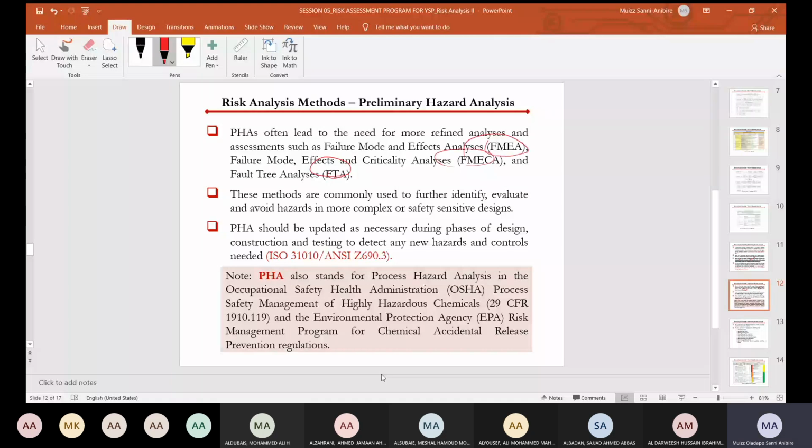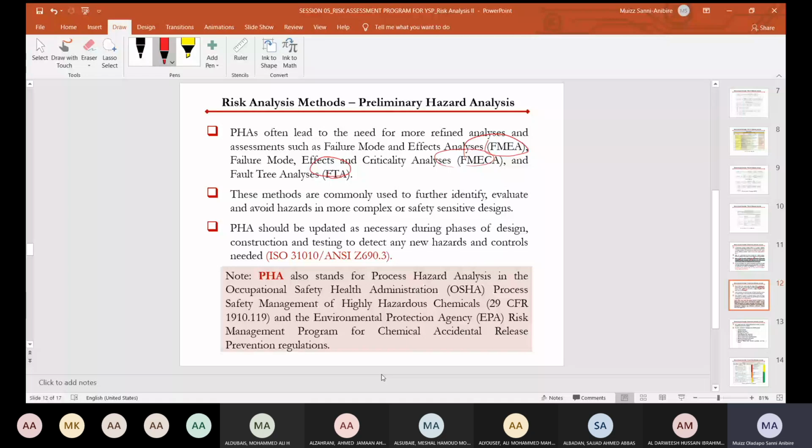These methods are commonly used to further identify, evaluate, and avoid hazards in more complex or safety designs. Okay, so they use these methods after PHA to investigate more and to see what are the issues surrounding the risk.